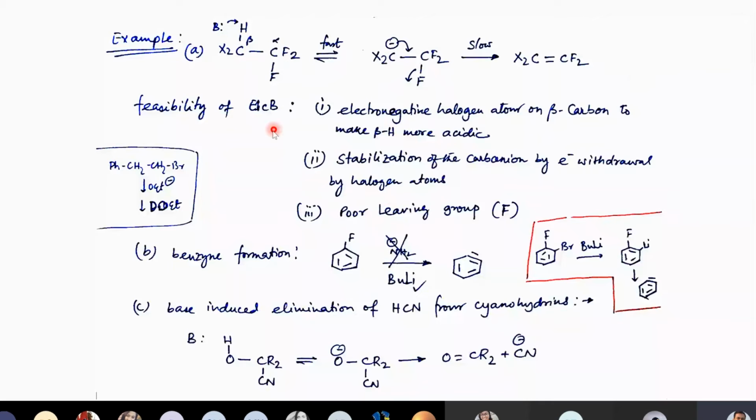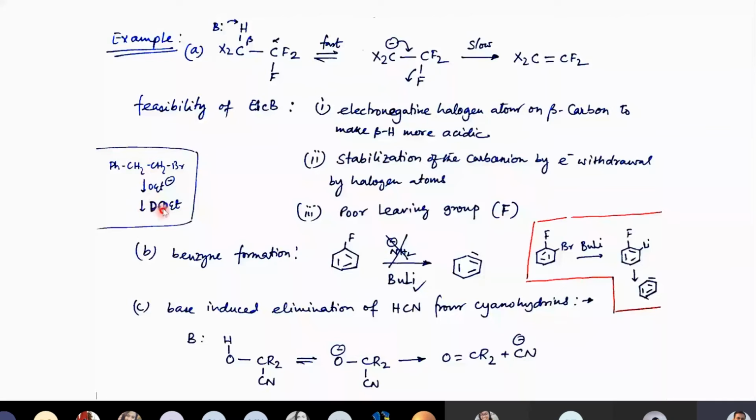Okay, there is one example. Let's say you take this kind of compound, PhCH2CH2Br. In this case, phenyl has a -R effect and could stabilize the carbanion that you can generate here, C negative here. And then it could eliminate the bromine to form styrene, PhCH=CH2.